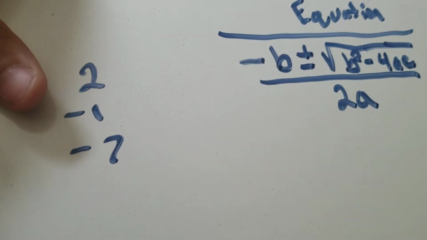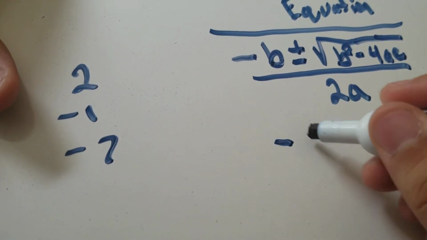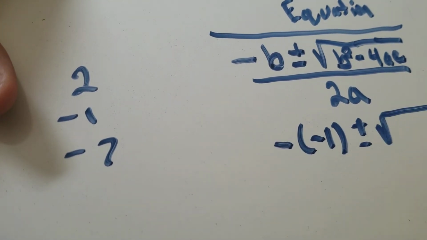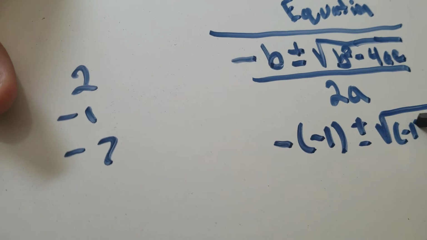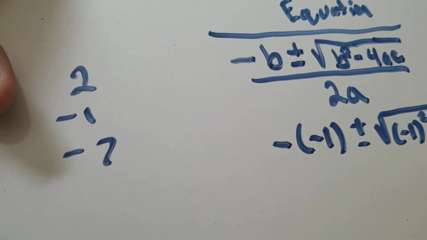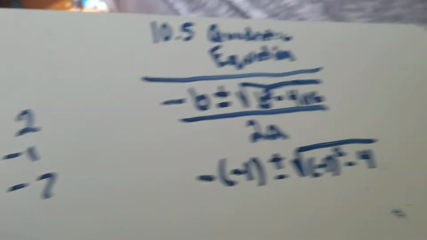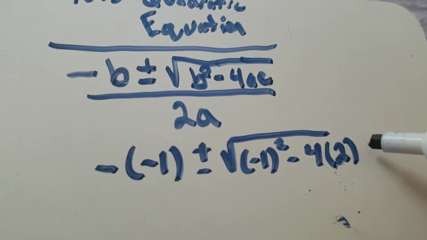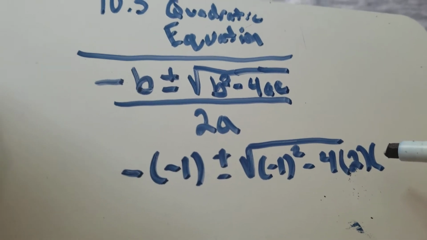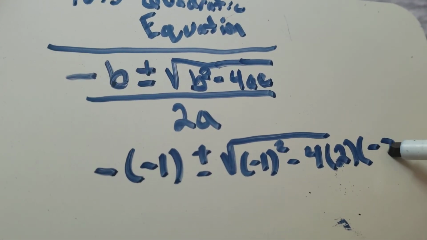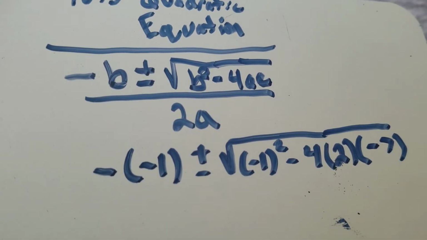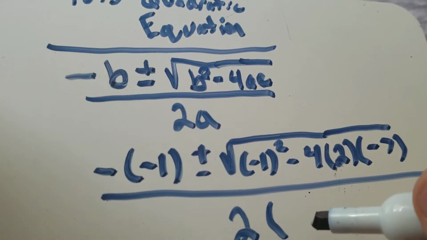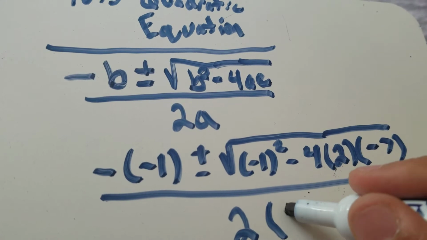So it is going to be negative, put parentheses, negative 1, plus or minus the square root of negative 1 squared minus 4 times a, which was 2, times c, which was negative 7, all divided by 2 times the a, which was 2 also.